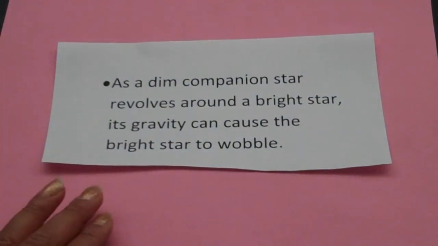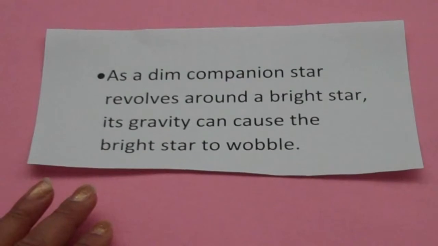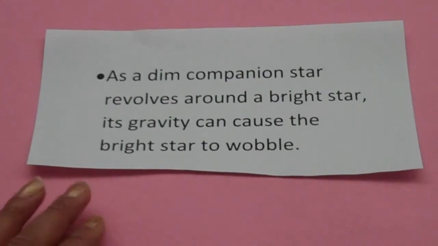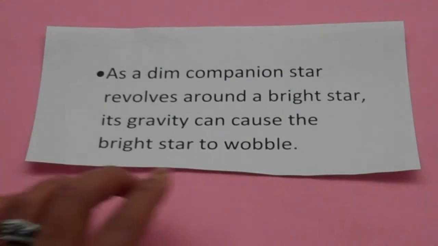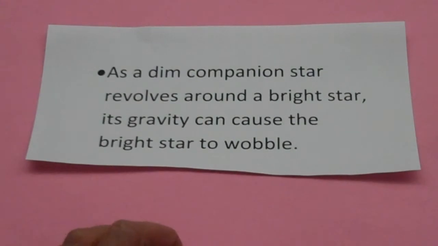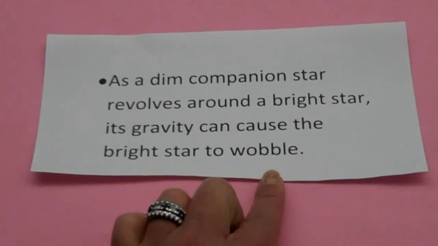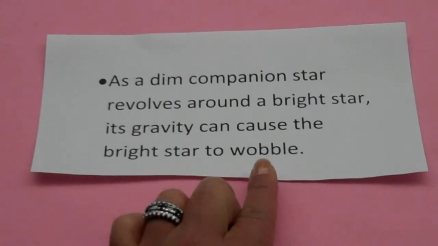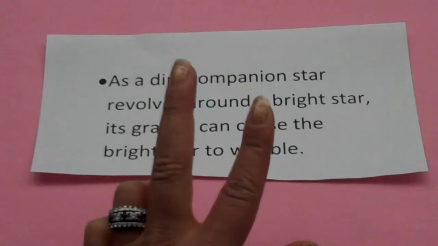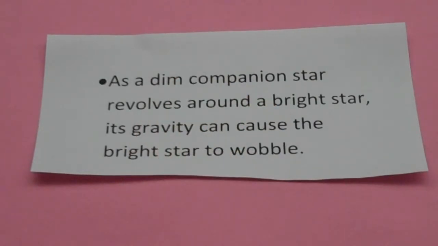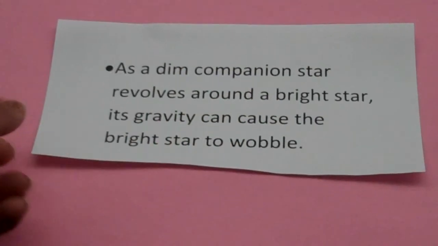As a dimmer companion star revolves around a brighter star, its gravity can cause the brighter star to wobble, and this wobble that we see from the one star can tell us that there is a second star there. So that's what you need to know about that binary system.